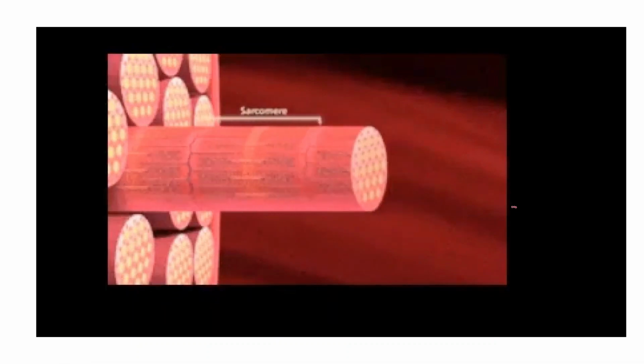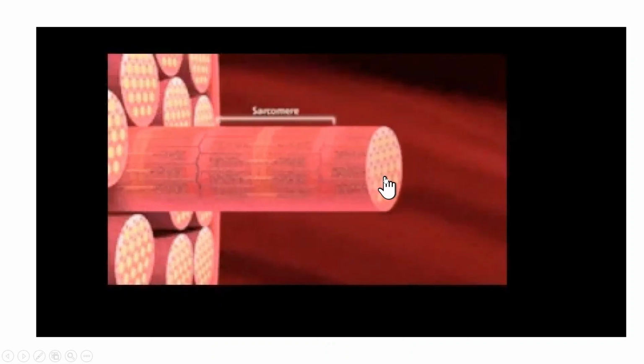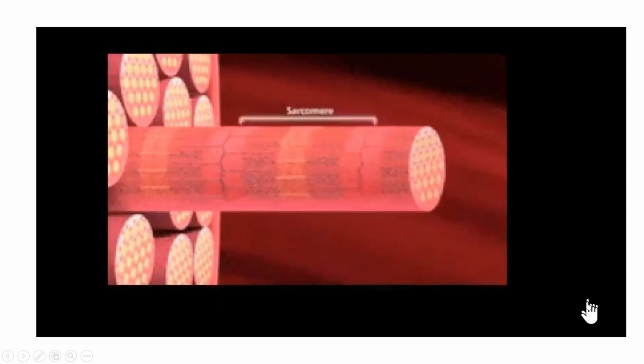And one myofibril is highlighted here to demonstrate how the contraction is happening. The detailed process you will learn in the next section. So, because of the contraction of each sarcomere unit, the muscle contracts.